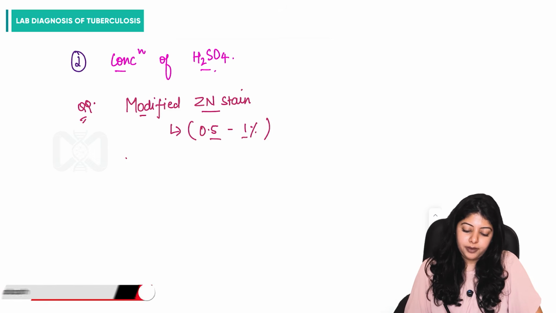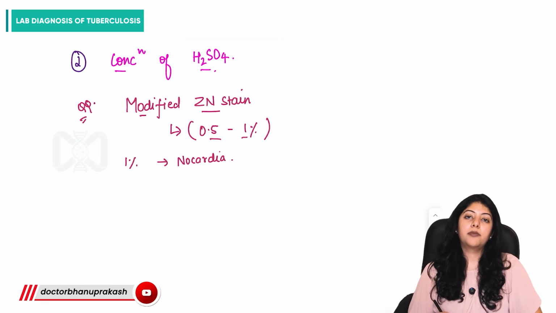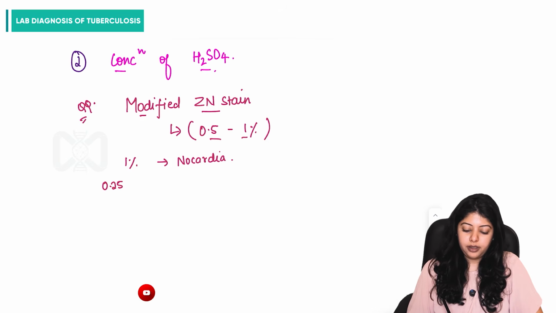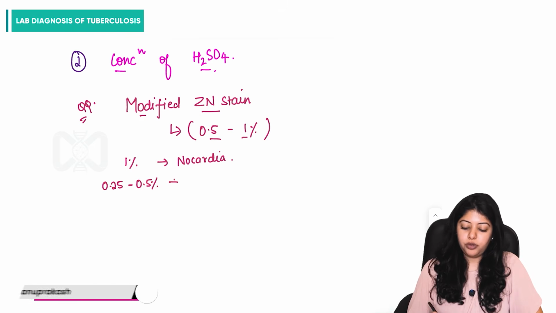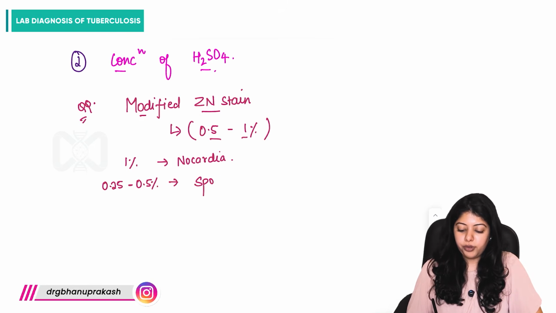So for 1% it is used for Nocardia staining. 0.25 to 0.5% it is used for spores as well as Cryptosporidium.